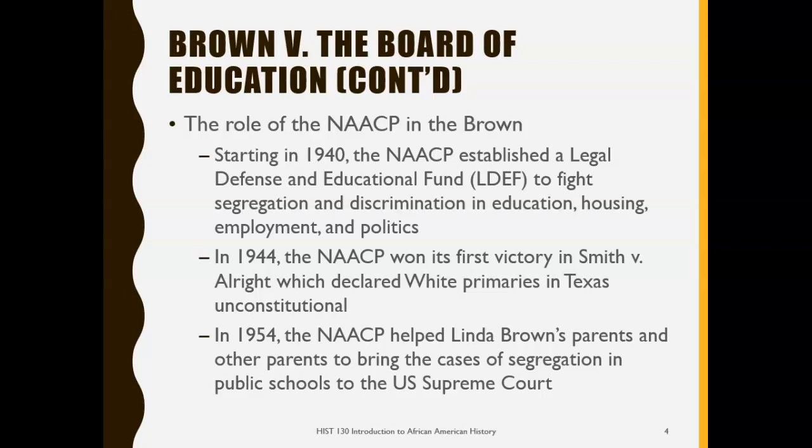So in 1944, the NAACP already won its first victory in the case of Smith versus Allwright. And this is a case about the white primary in Texas. So the U.S. Supreme Court declared that a primary reserved to white voters was unconstitutional. So they had to include black people in the primaries.